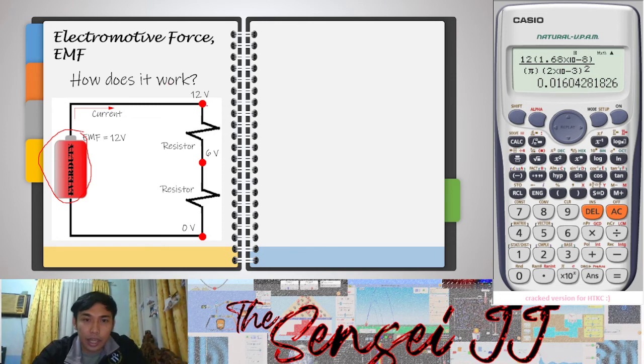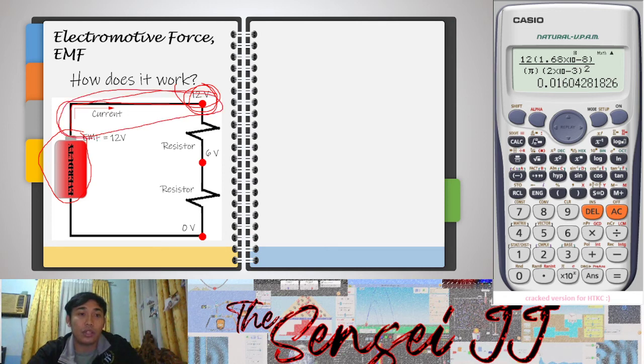In this part, which is 12 volts, since it is the total voltage of our dry cell, it is right that we are experiencing 12 volts in this area. Sir, why are we experiencing 12 volts here?